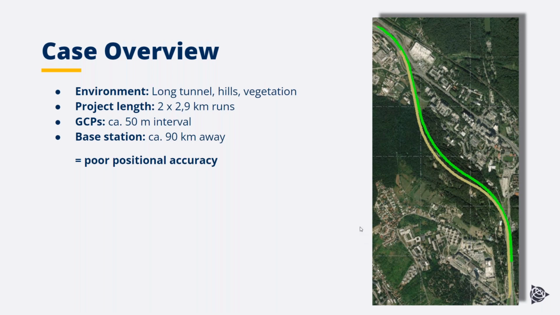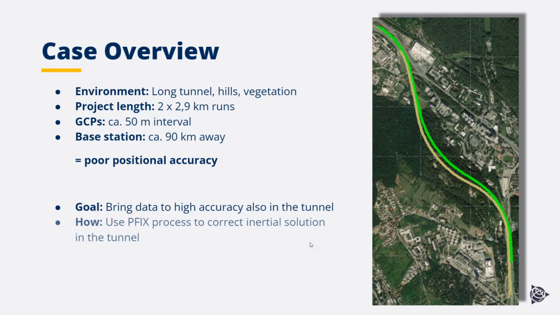The difference between our data and our ground control points was roughly 50 to 60 centimeters in the tunnel. The goal here is to bring the data to high accuracy also in the tunnel. And how we do it is we use the Pfix process to correct the inertial solution in the tunnel.